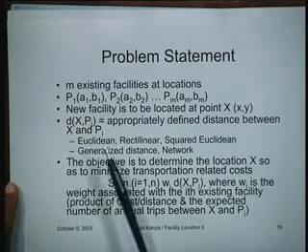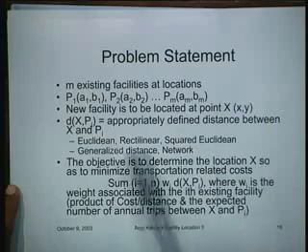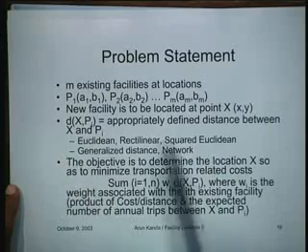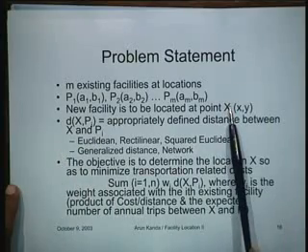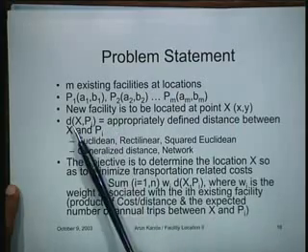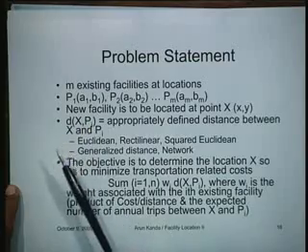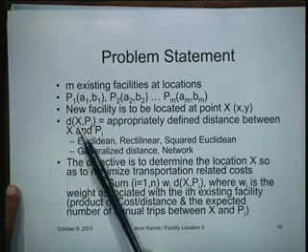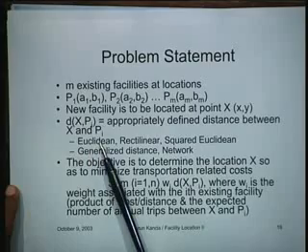And d(x, Pi) is an appropriately defined distance between x and Pi. X is the new facility you want to locate, Pi is one of the existing facilities. So the distance between them, we are just calling it d(x, Pi), and this distance could be defined in various ways. It could be the Euclidean distance, which is the straight line distance.